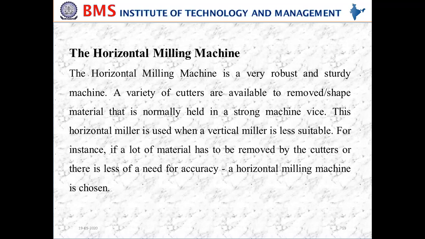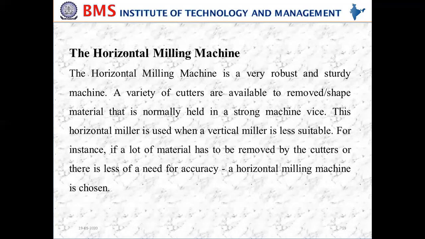Column and knee milling machines are designed in different forms. As per your syllabus, we have only horizontal and vertical milling machines, so first we'll go with the horizontal milling machine. The horizontal milling machine is a very robust and sturdy machine.